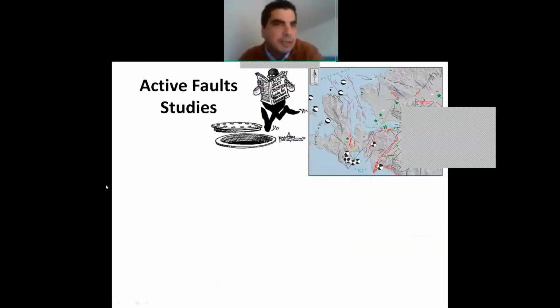But I will be finalizing my words. In order to identify the risk in a region, we should know our conditions. One of the things is we should verify our active fault maps. Probably there are still missing faults that we need to do some work to identify.